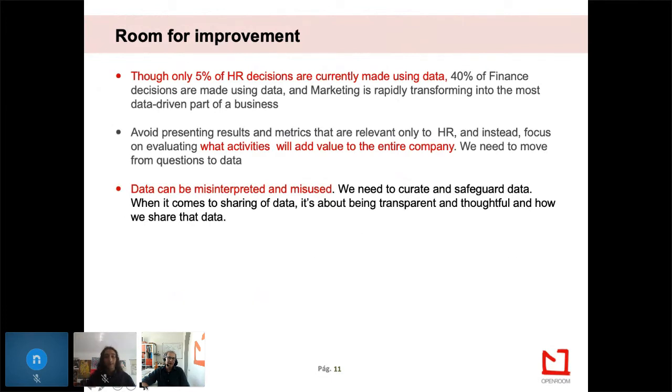There is also an issue that we cannot forget: data can be misinterpreted and misused, and this is really confidential data. We need to comply with all the regulations, especially in Europe. So we need to safeguard data, and in order to share it, we need to be more transparent and thoughtful about how we share it.